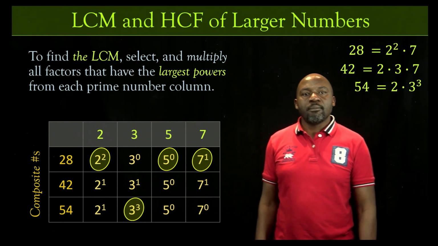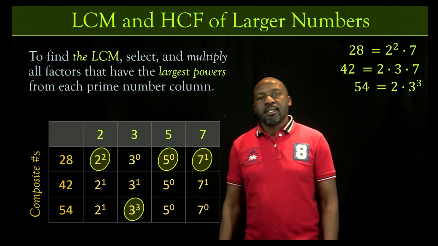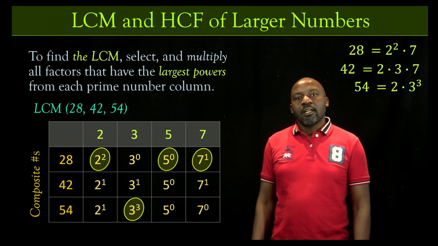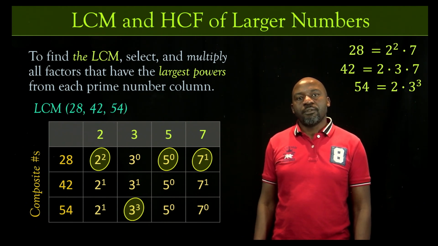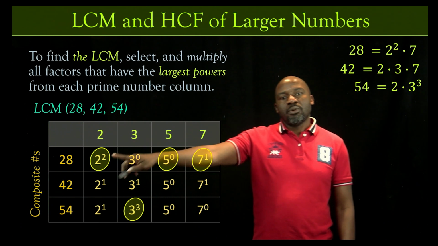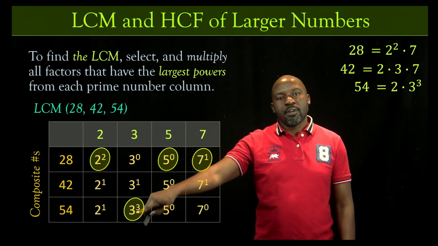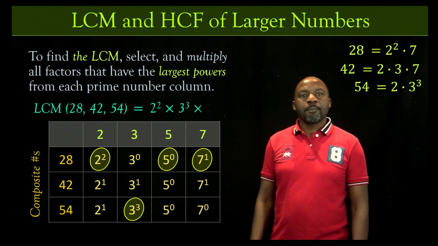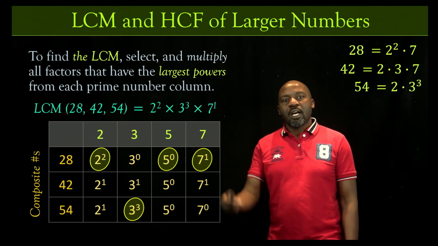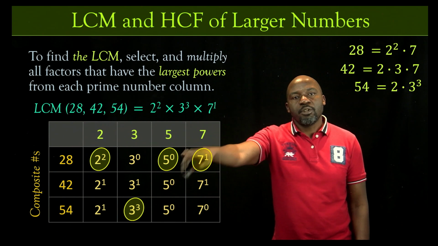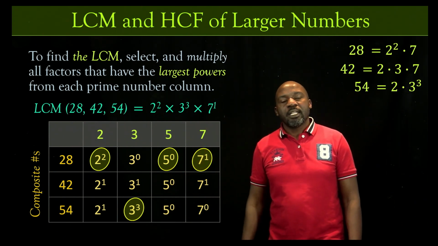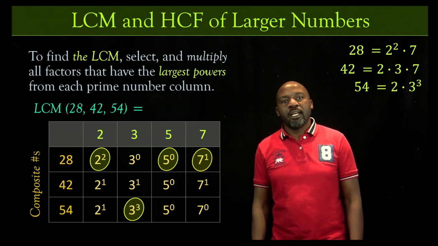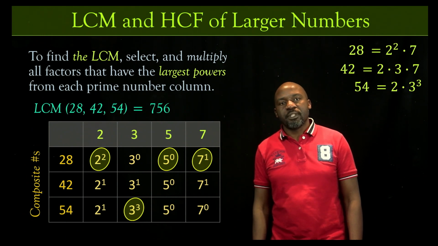And so the LCM of 28, 42, and 54 is 2 squared times 3 power 3 times 5 power 0 times 7 power 1. Alright, I've just left 5 power 0 because it is 1 anyway. And if we multiply that out, we will get the LCM to be 756.